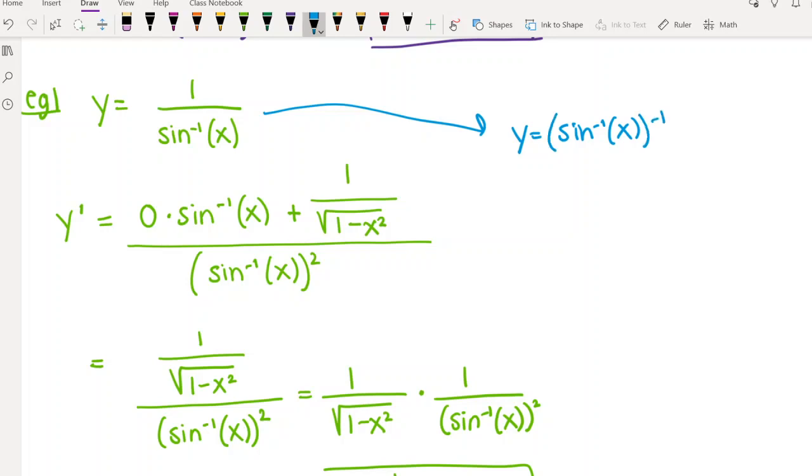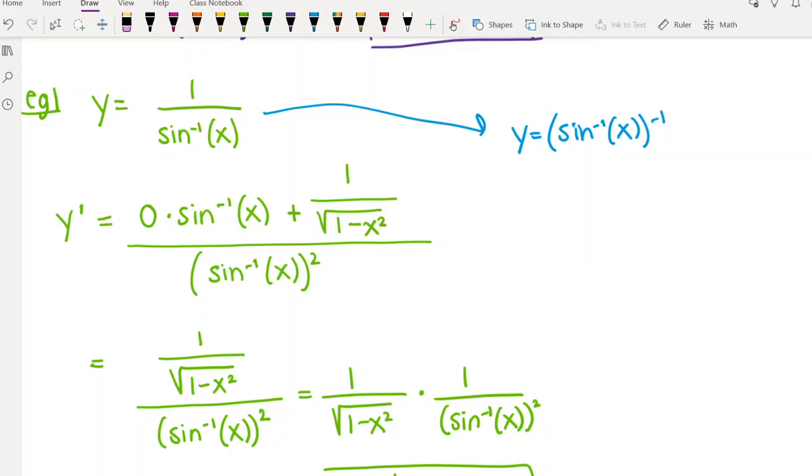The reason this is confusing is because these two -1s mean totally different things. This -1 means inverse, like an inverse function, whereas this -1 means to the -1 power. So it looks like you're doing the same thing twice, but they're completely different meanings.